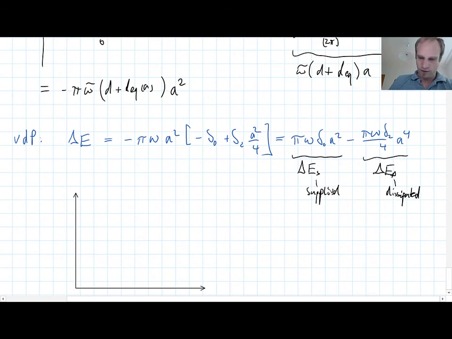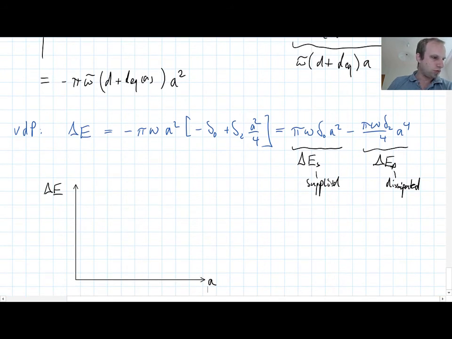Okay. So we plot here the change of energy versus amplitude. And apparently we have here a quadratic parabola and a fourth order parabola. So let's say we make this supplied energy the standard parabola, the quadratic one. So then it might look like this, but actually not dashed, but more like this.